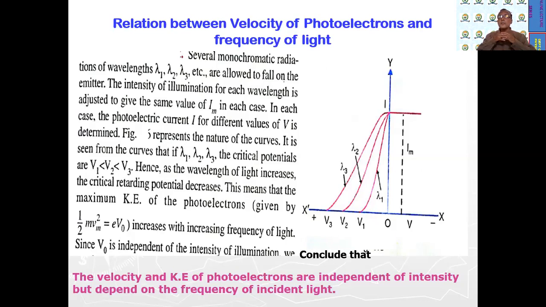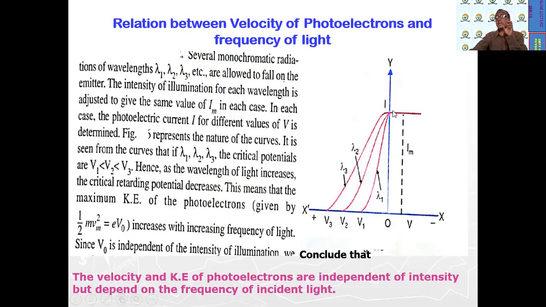The intensity of illumination for each wavelength is adjusted in such a way that it gives the same value Im. That means by adjusting the critical potential for each wavelength lambda1, lambda2, lambda3, the wavelength changes, the critical potential changes, but the total current emitted during the process remains the same.